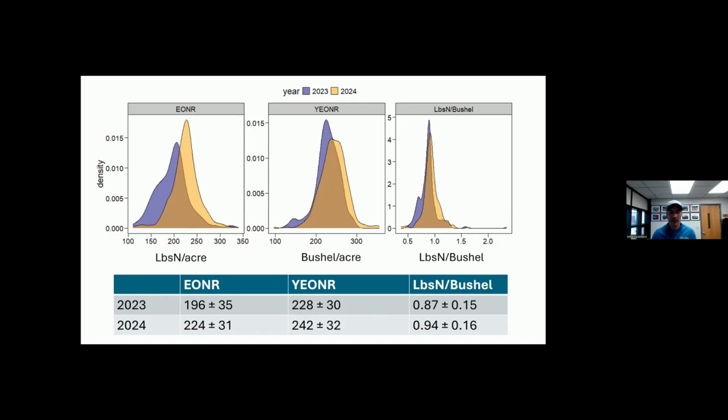Because somebody asked about that EONR maybe being higher than the MRTN when that was a tool there. But a couple things. One is 2024 might have been a little higher because of the wet spring in a lot of areas.